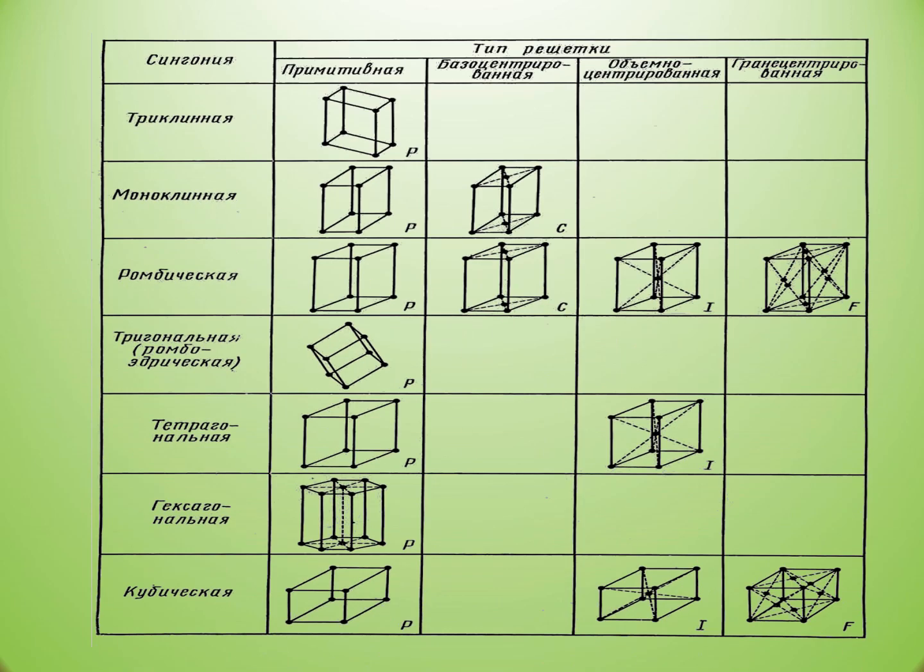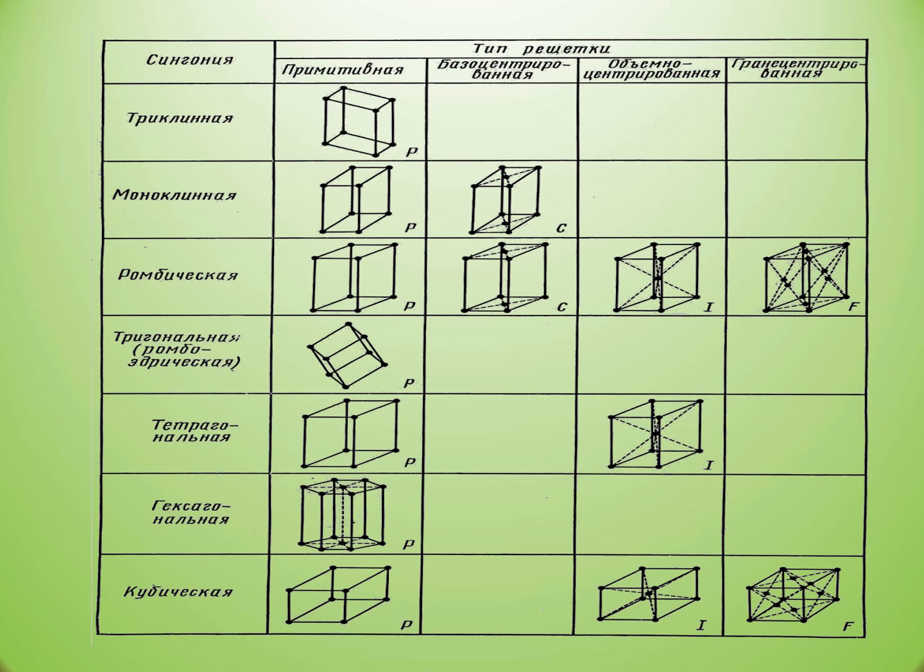Here you can see the types of Bravais lattice, for example, primitive, of course C, base-centered, body-centered, and face-centered. And here you can see that only primitive types of Bravais lattice belong to all syngonies.